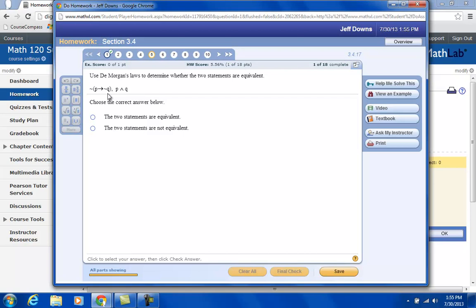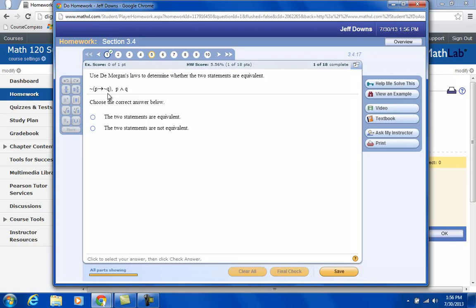Let me confirm De Morgan's laws here. I like when we can convert between conditional statements.